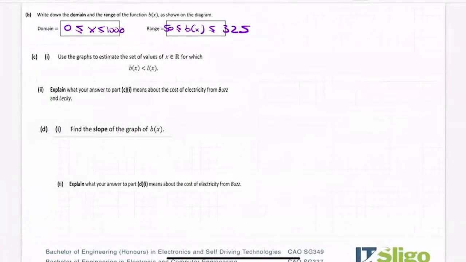Compare it to the 2018 question and see the two different ways they can ask you about the domain and range. Now these are typical questions that come up on functions. Use the graphs to estimate the set of values where B of x is less than L of x.